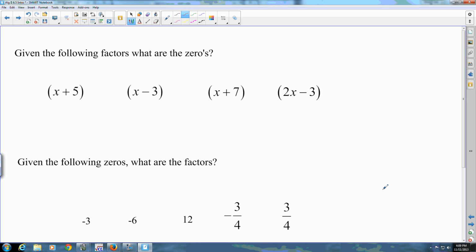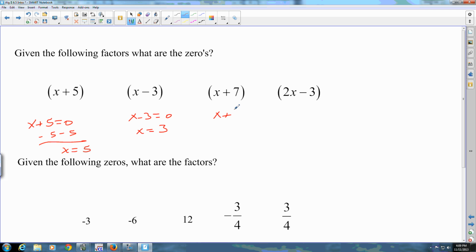Okay? Given the following factors, what are the zeros? Well, you just saw me do them. So subtract the 5. x is equal to negative 5. I do the opposite of this number to get it to the other side. So the opposite of that number moves it over.